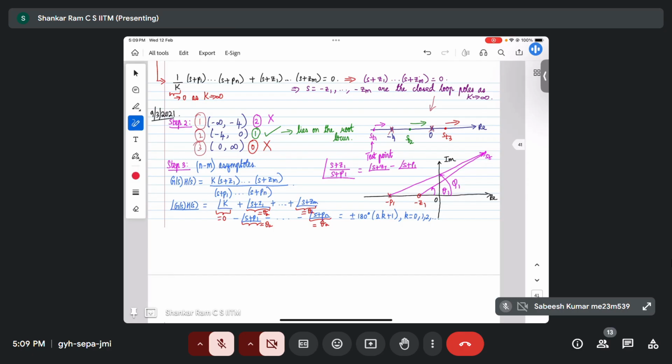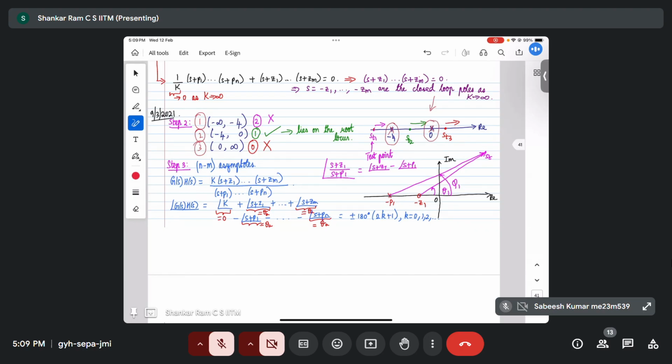Now let's say we take this test point ST1 on the real axis. If I look at the number of real open loop poles and real open loop zeros to the right of this test point, we can count that there is one real open loop pole at -4 and another real open loop pole at 0.